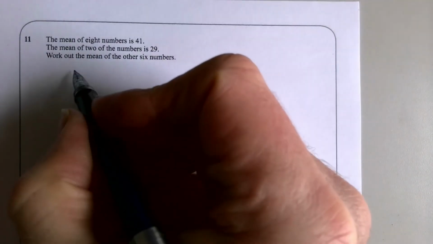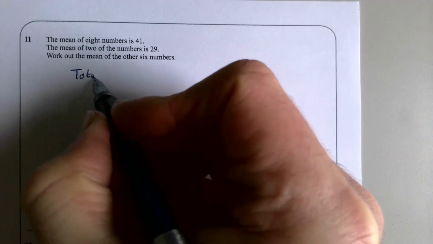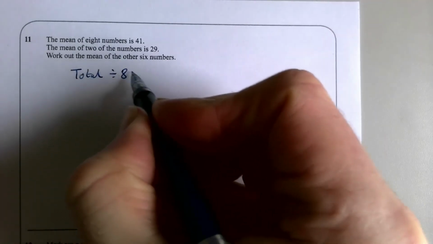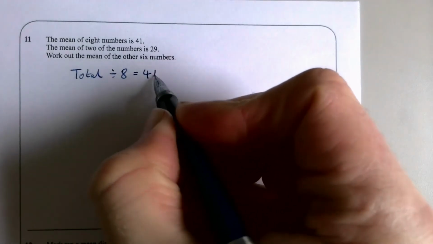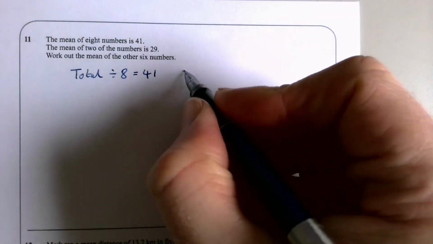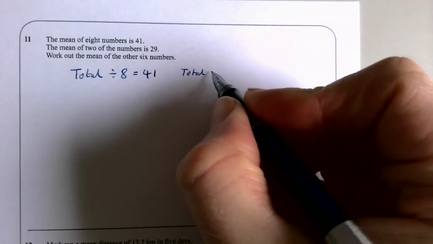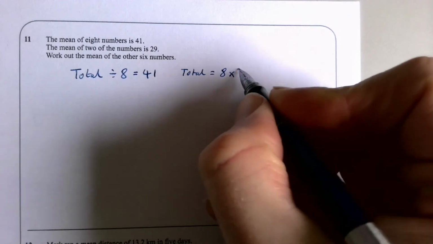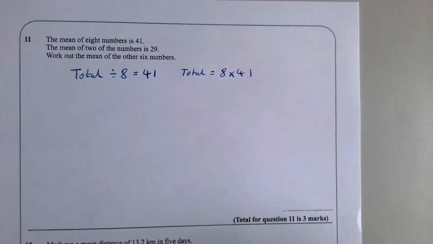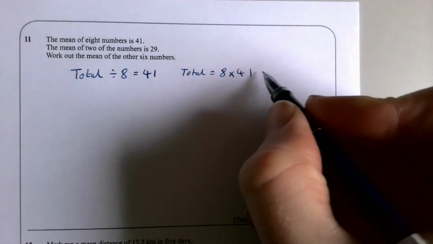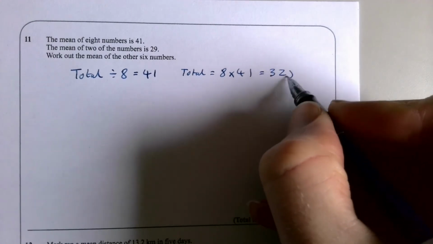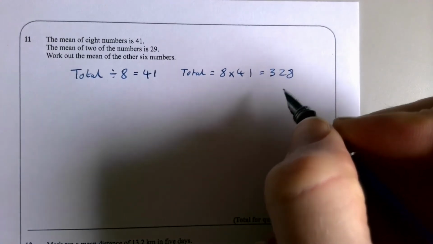So the total for the first one divided by 8 would give you 41. So the total must equal 8 times 41, which is 328.